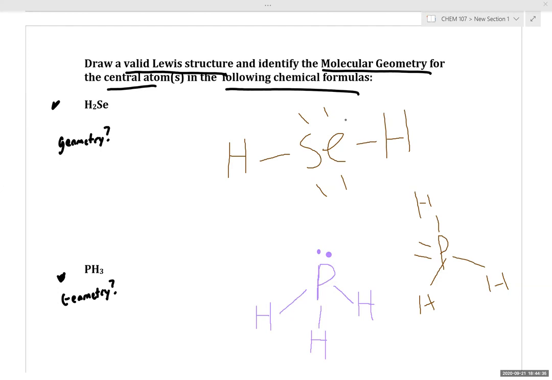Now that we have all these wonderful Lewis structures drawn, let's focus on assigning the molecular geometry. Not just the electron pair geometry, but more specifically the molecular geometry, which accounts for lone pair repulsions. I see a proposal for number 1 that it's tetrahedral. That's very close. Tetrahedral is the electron pair geometry. The molecular geometry is more specific, and that cares about the bonded atoms and the lone pairs.